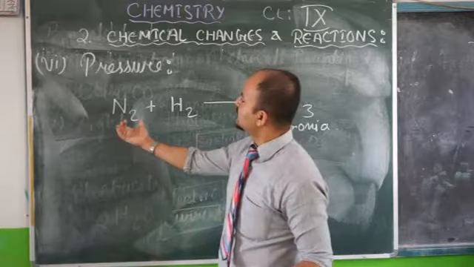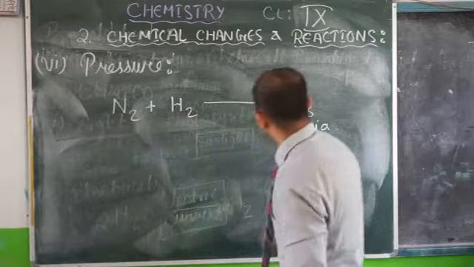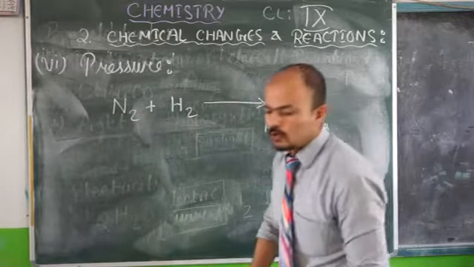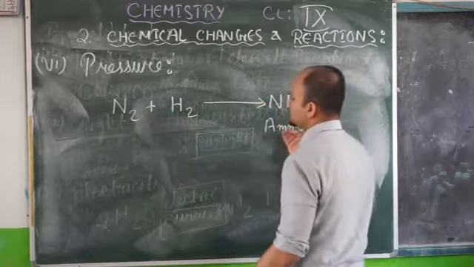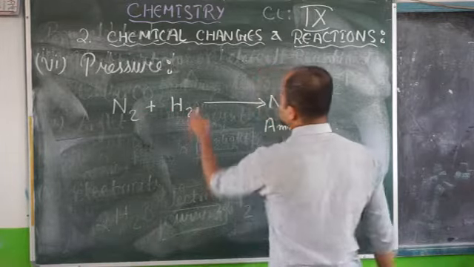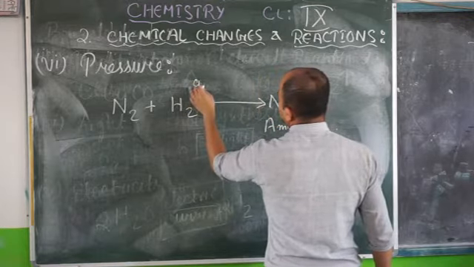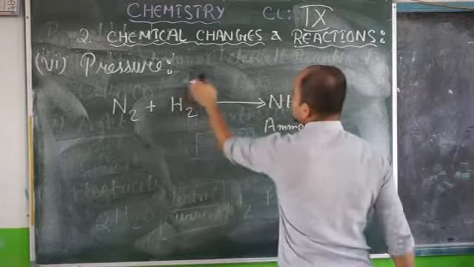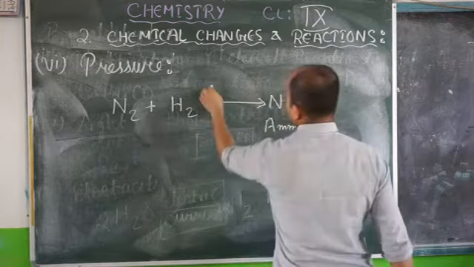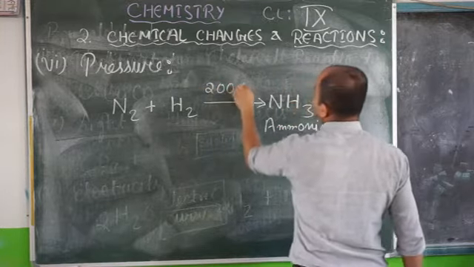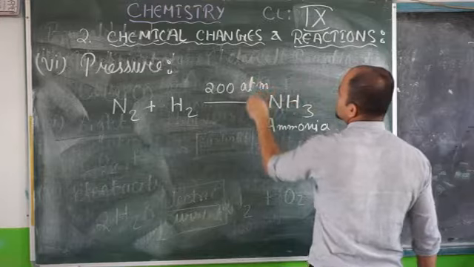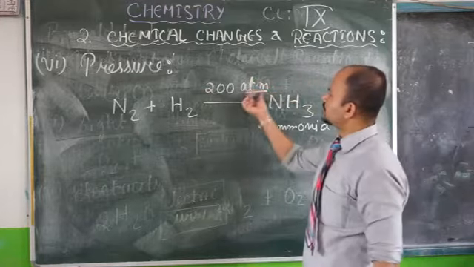Now, if you just keep nitrogen and hydrogen like this, will ammonia be formed? No. But ammonia is formed when you apply pressure of around 200 atmosphere. This atm is atmosphere, the unit of pressure.